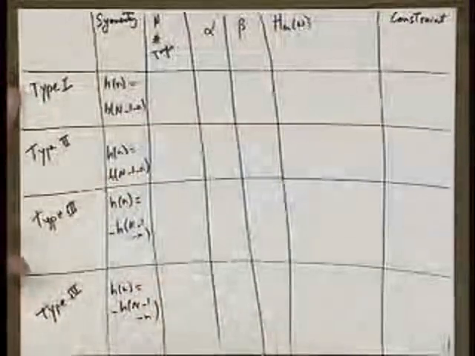And the number of taps, as I said earlier, for type 1 is odd, for type 2 it's even, for type 3 it's odd, and type 4 is even. That's the way we define this. Alpha is always N minus 1 over 2, regardless of what situation you're in.